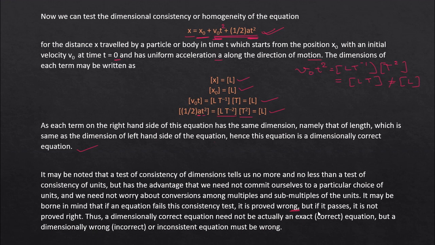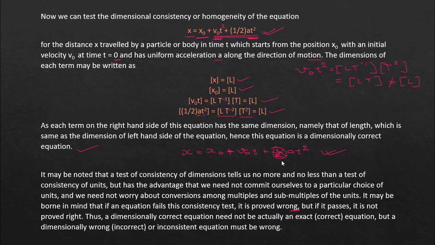But if it passes, it is not proven right. Why is it not proven right? Let's see. Now we have the equation x equals x0 plus v0 t plus half a t square. Say this equation seems dimensionally correct, but if we remove the half from here, the equation is still dimensionally correct.